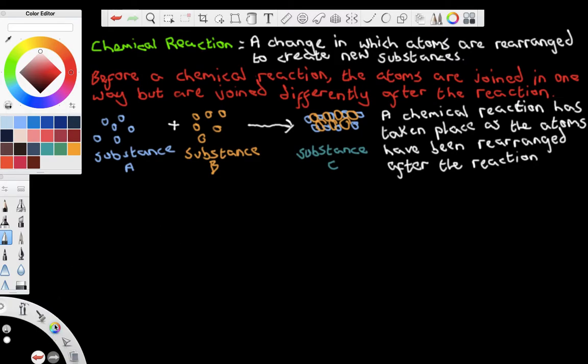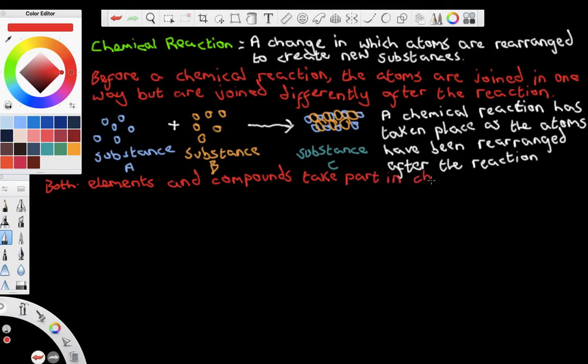So we can put in red, because it's an important point, that both elements and compounds take part in chemical reactions. Okay?